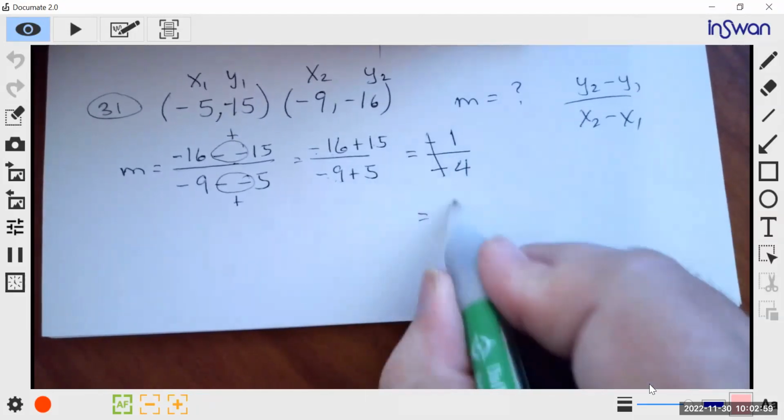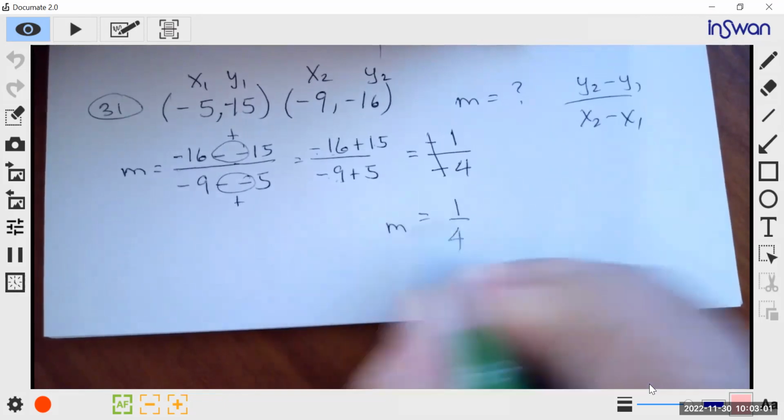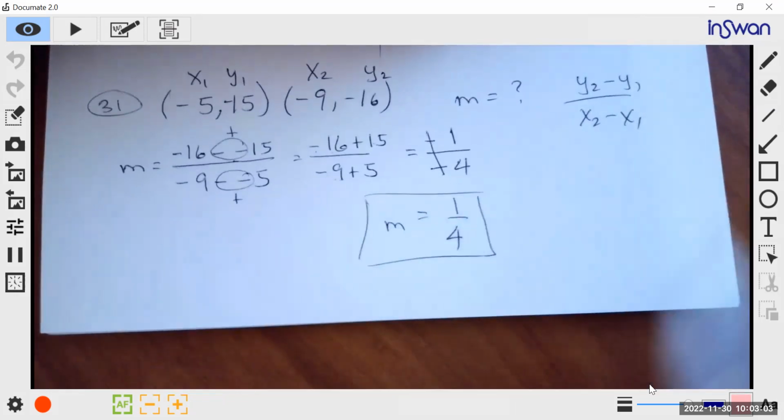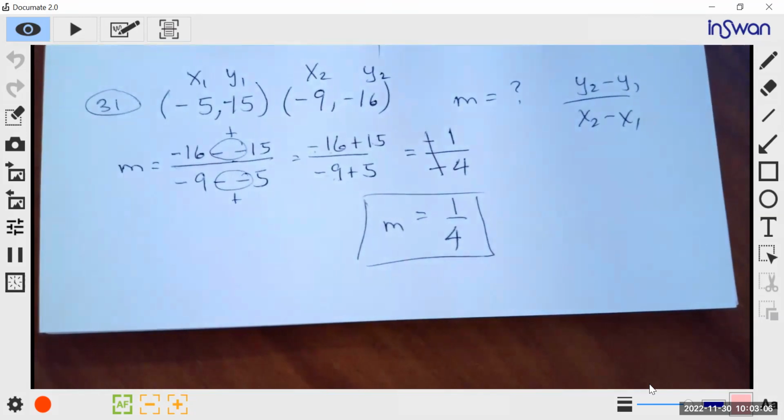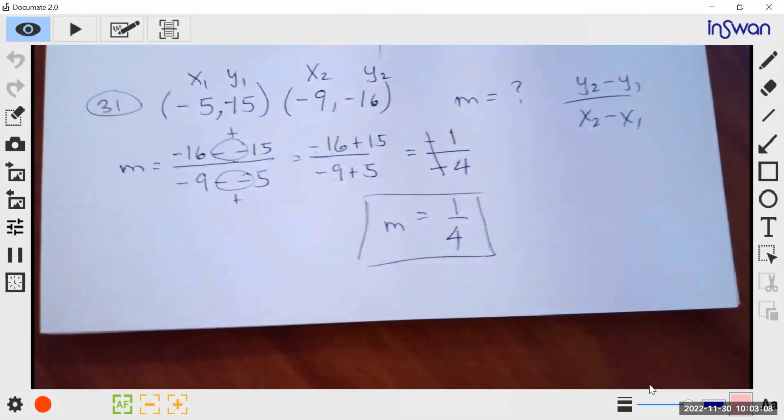The negatives cancel, so the slope is 1/4. Are you with that?